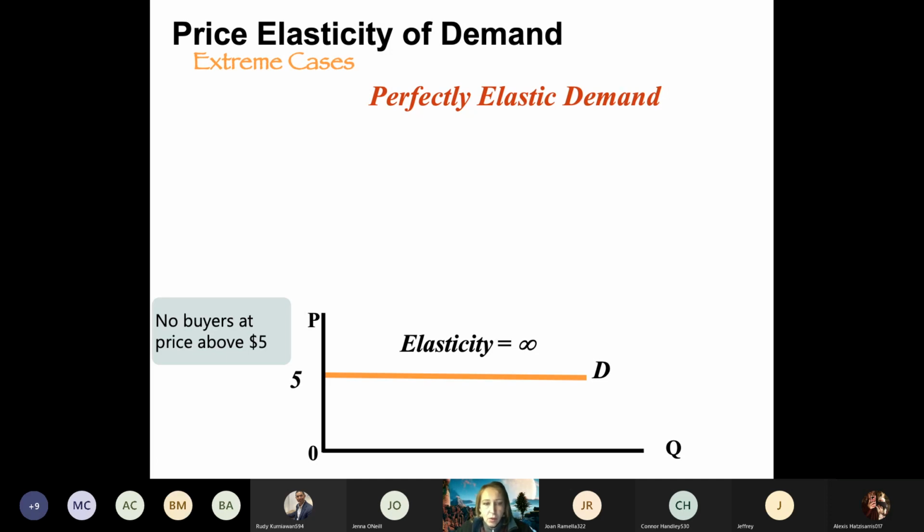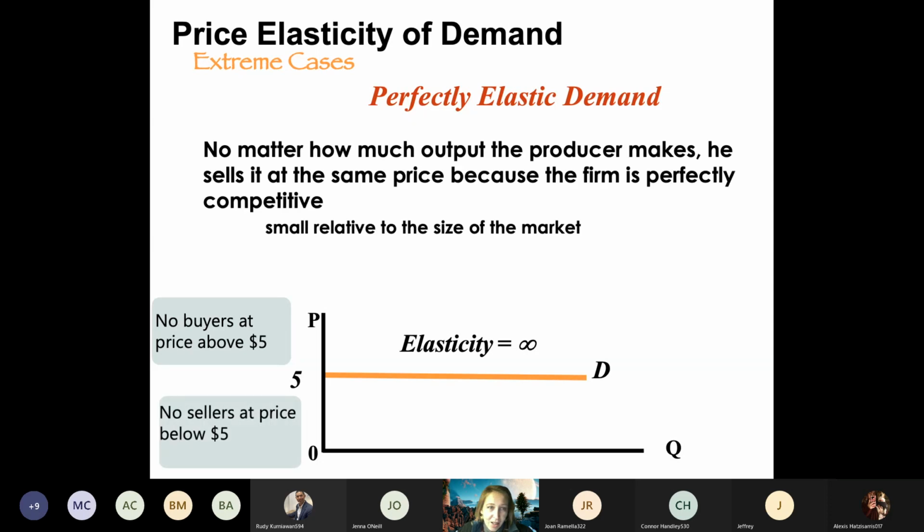We already know that the flatter the curve, the higher the elasticity, and it becomes infinite when the curve is flat, horizontal. We know that the demand curve cannot go beyond a horizontal curve; it cannot be upward sloping, right? So that's the limit of the demand curve.